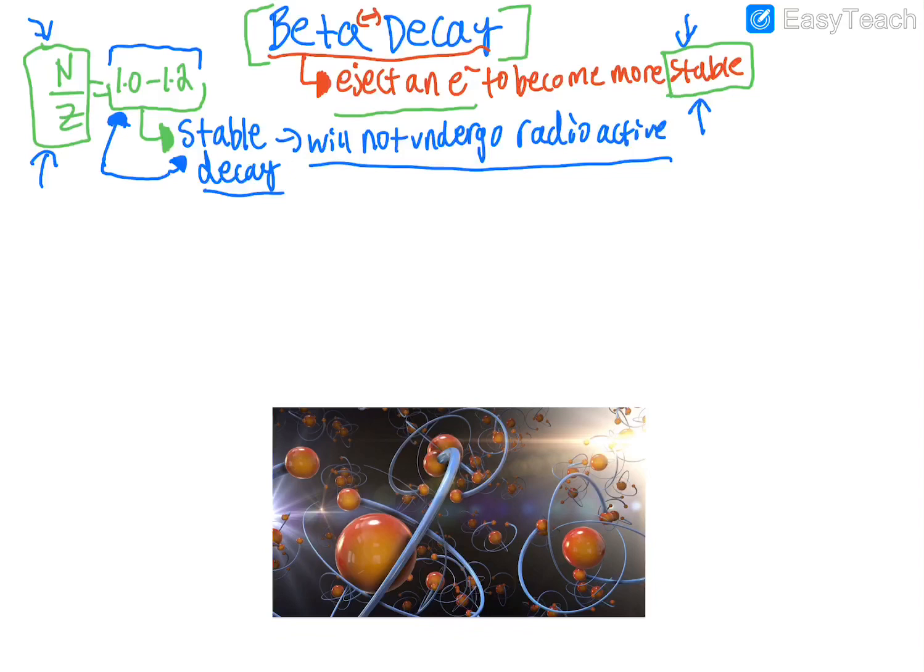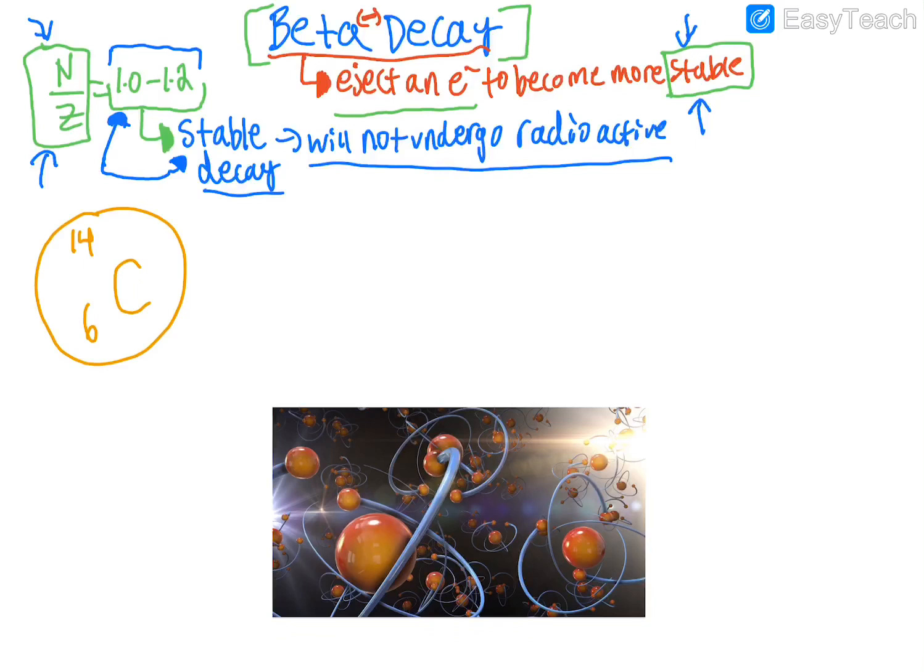Our first example will be carbon 14. If you watched my mass defect video, you would know how to calculate the number of neutrons, protons, and electrons an atom has based on this notation. If you haven't already, go ahead and watch that video, but I'll quickly explain it again here.